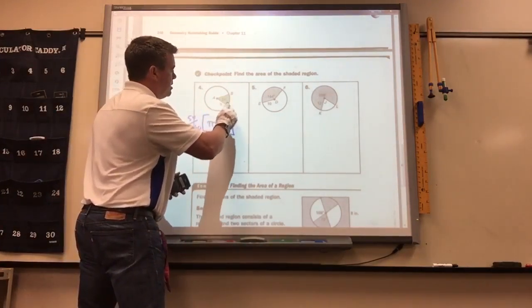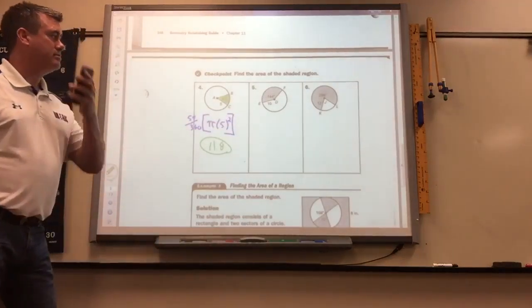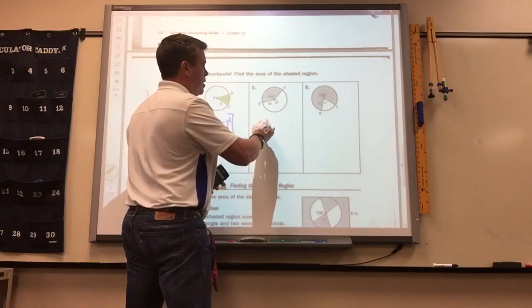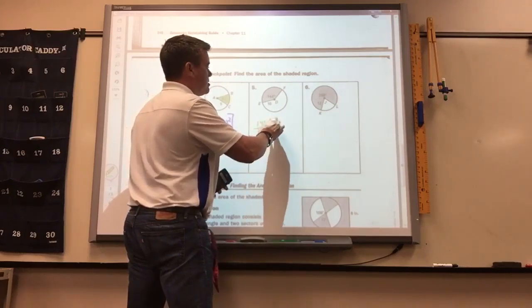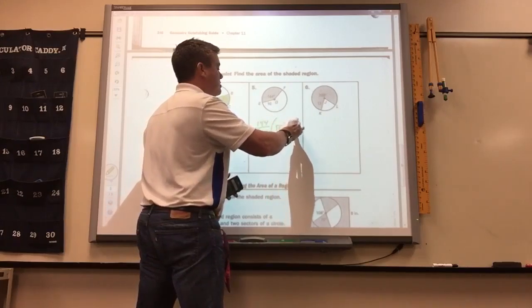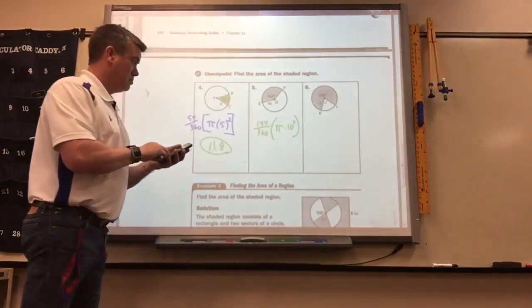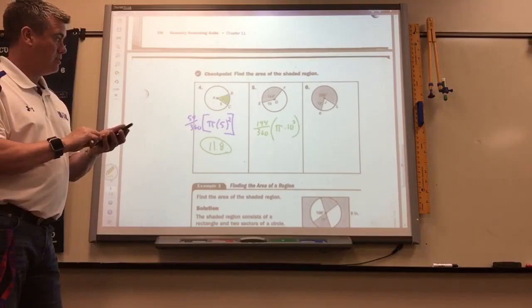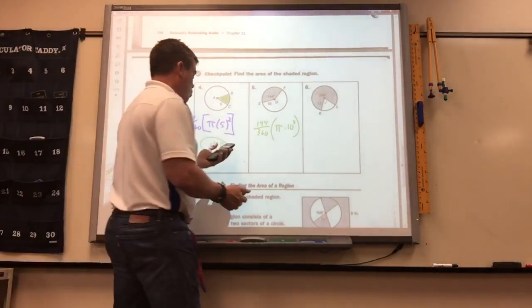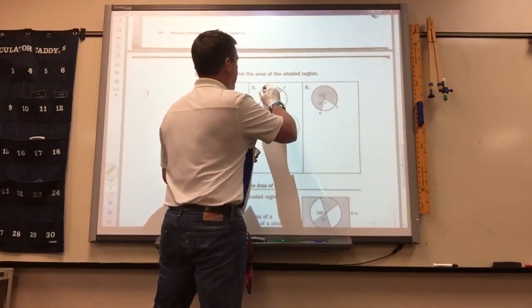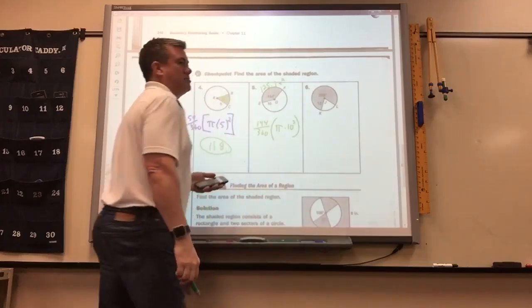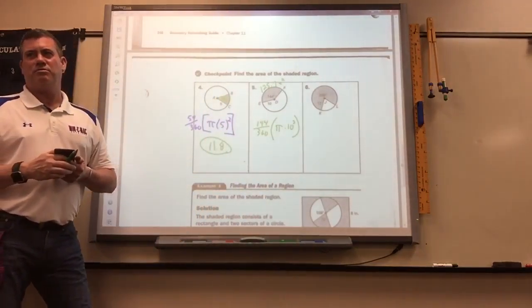So this area right there is 11.8 units squared. Same thing here, you take 144/360 times pi times 10 squared. That's 125.7 units squared. Easy enough on those?